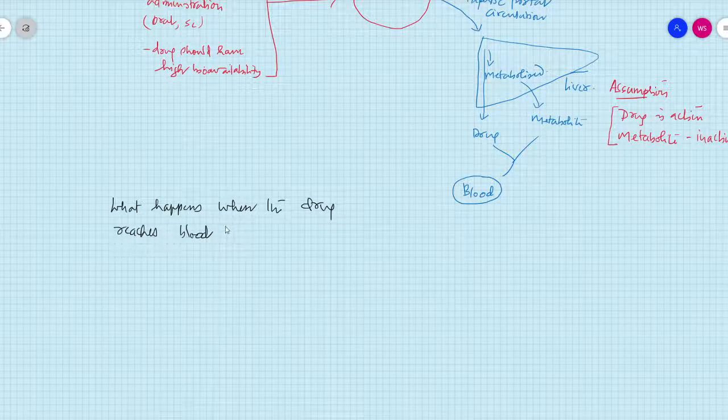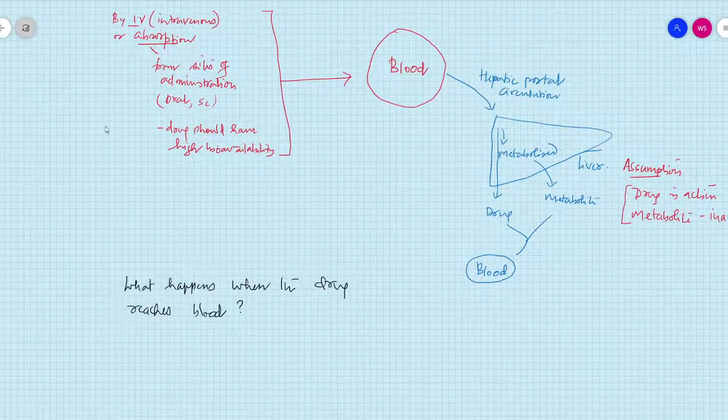We administered the drug, it reached the blood. From the blood it went into the liver, it got metabolized, and a part of it reached back into the blood. So now we are asking the question, what happens after the drug reaches the blood?